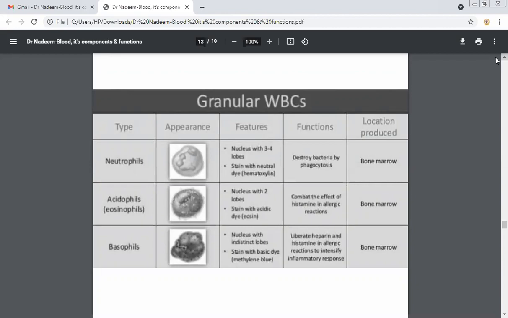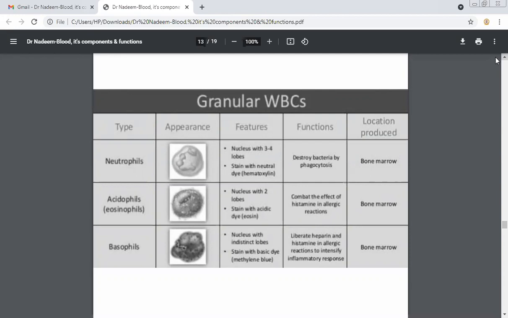The last is basophil. These have a nucleus with indistinct bodies. They are stained with basic dye, methylene blue. Function: they produce heparin. They are the main cells which produce heparin, the anticoagulant.